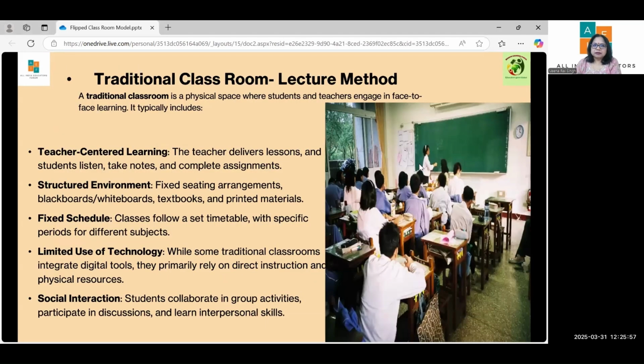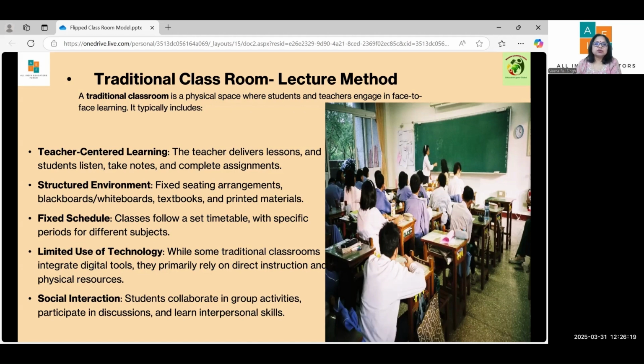Let's understand how the traditional classroom looks. It is basically a lecture method where the classroom is teacher-centered and learning is teacher-centered.